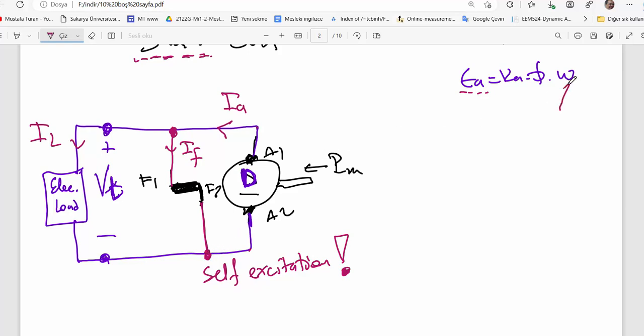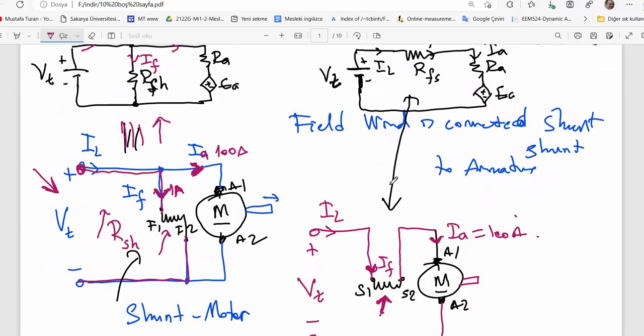When you drive the machine at a speed and apply some mechanical input power, here is an electromotive force. Here are the positive and negative polarities. It supplies the external system, one of which is the field circuit, the other is the load circuit. As you see, current directions have changed in different operations.